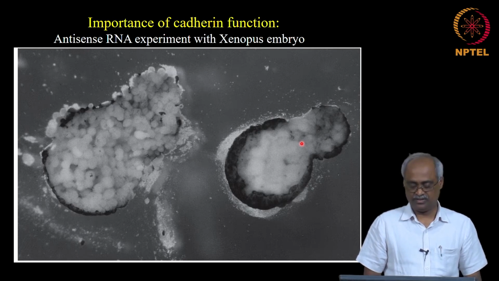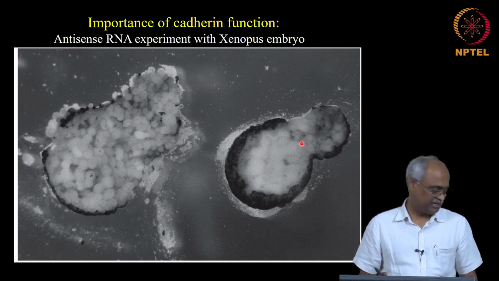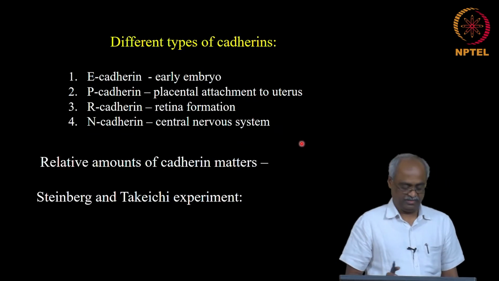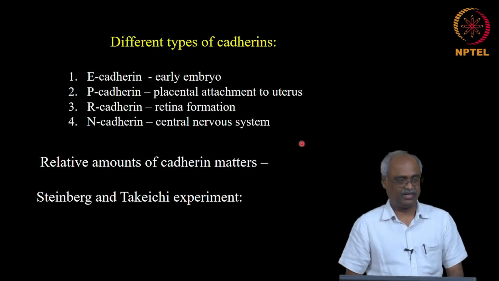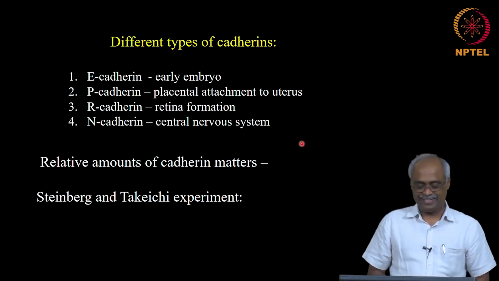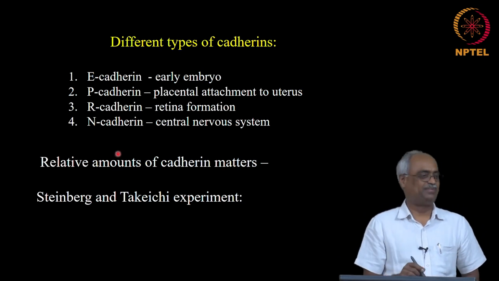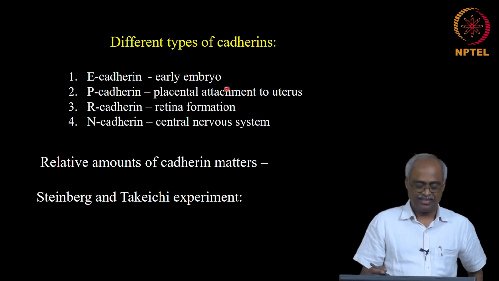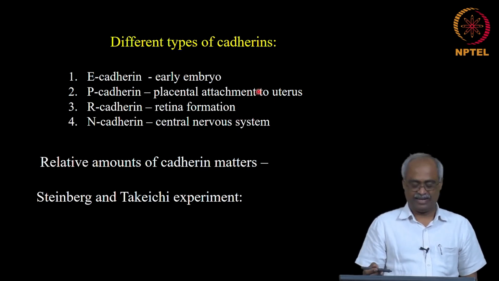So, this is one experiment to show the importance of cadherins during embryonic development. And if they are so important, then we are going to have variations in that theme, right. We have multiple types of cadherins, like embryonic cadherin, which is slightly different from the placental cadherin, which is important for attachment to the uterus.